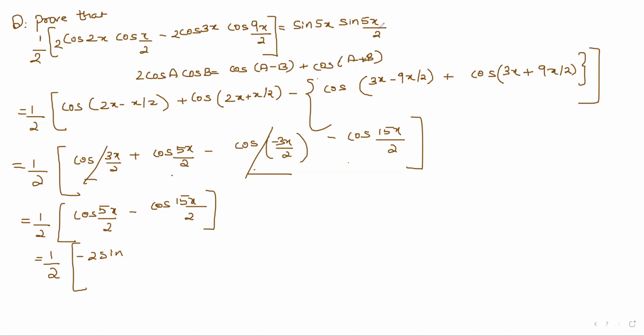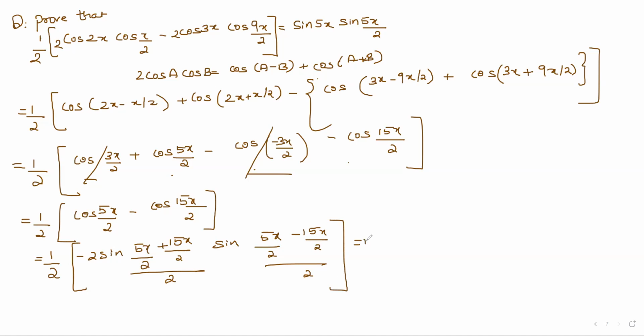Formula is minus 2 sin a plus b, so a plus b means 5x by 2 plus 15x by 2. Right. Sin a minus b by 2: 5x minus 15x by 2.